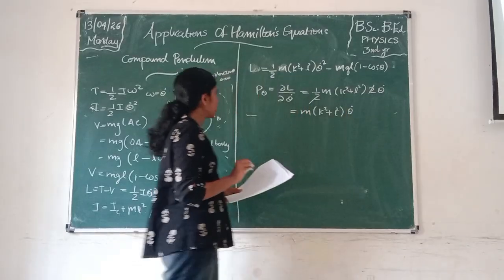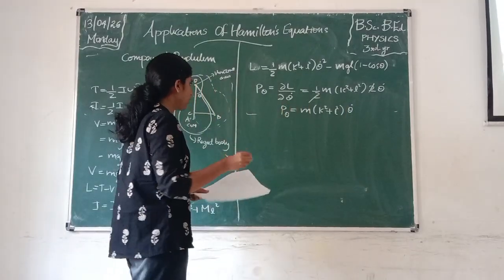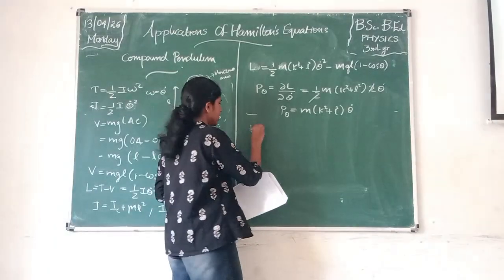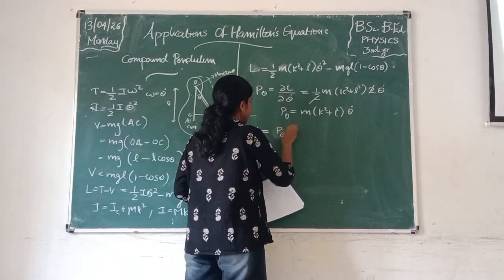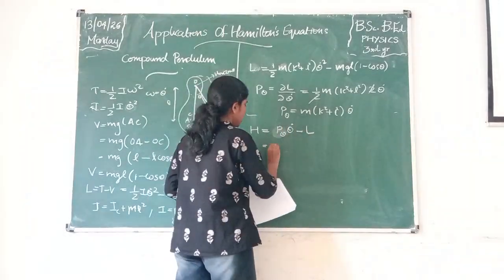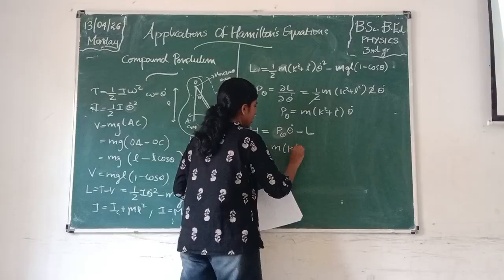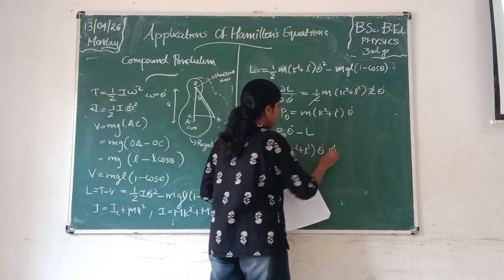theta. This is p theta. Okay. Next we want to find the Hamiltonian. H is equal to p theta theta dot minus L. So p theta is m into k square plus l square theta dot.